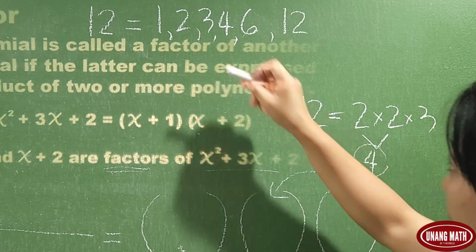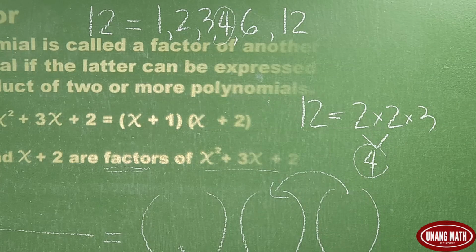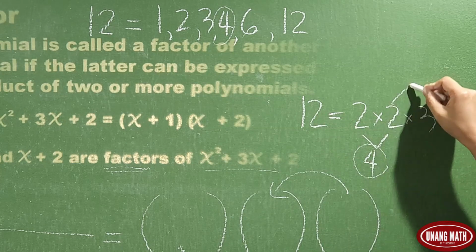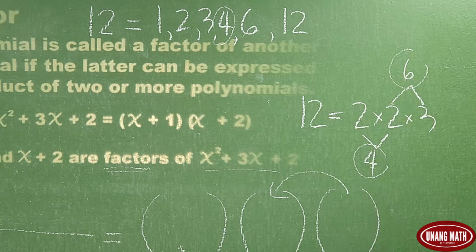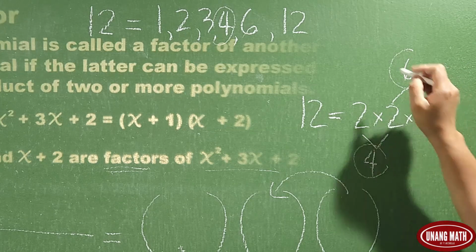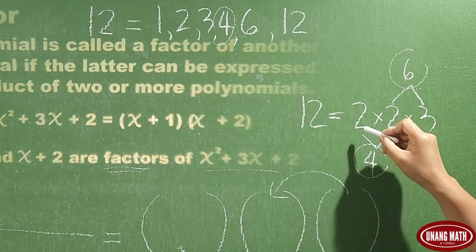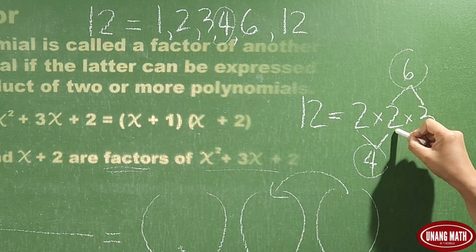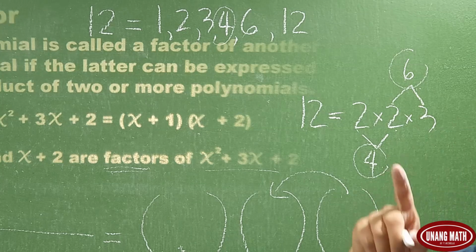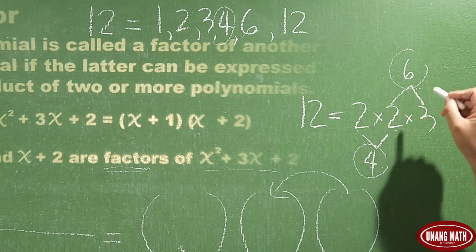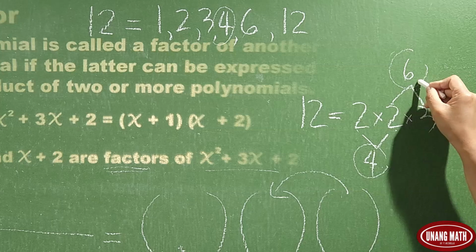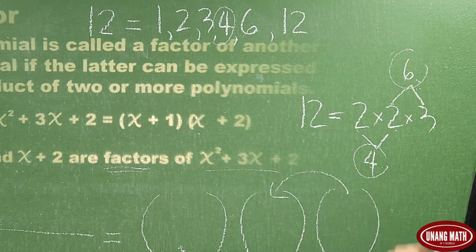And 4 is still a factor of 12. 2 times 3 is 6. 6 is also a factor of 12. So when we multiply this factor by this factor, the result is also a factor.